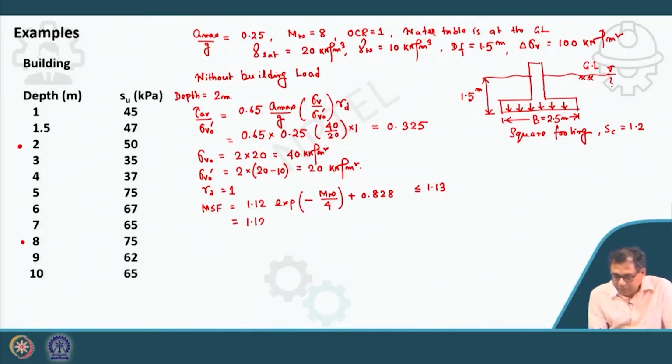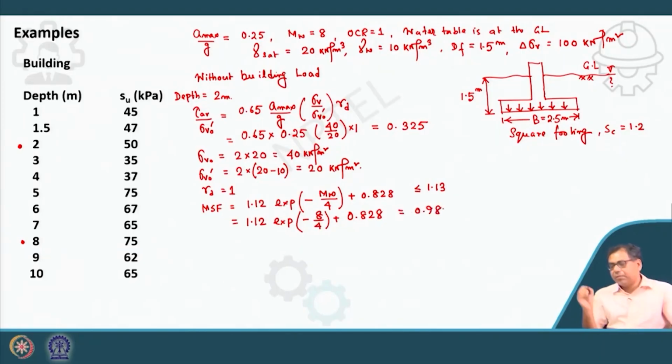So 1.12 exp minus 8 by 4 plus 0.828, which is equal to 0.98, less than 1.13, it is okay, because Mw is taken as 8.